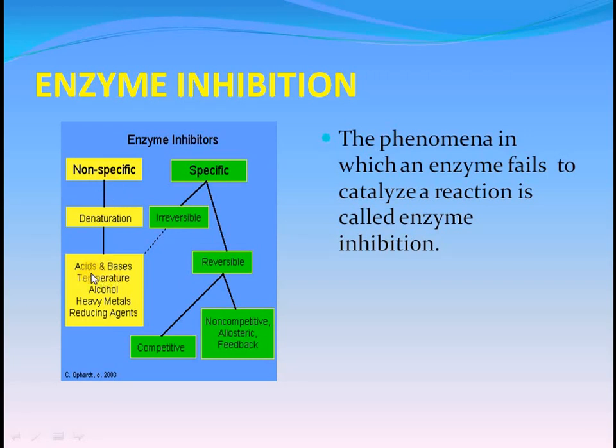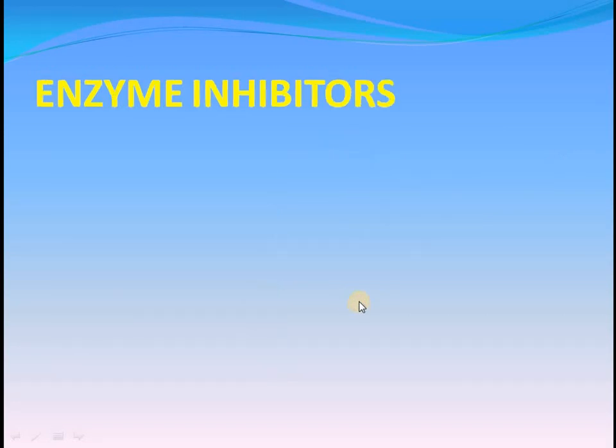It may include acid or base, meaning when the pH is changed, when the temperature is changed, when the concentration of alcohol or heavy metal or reducing agent is changed. When all these factors are affecting, they may act as non-specific enzyme inhibitors. Now we will talk about specific enzyme inhibitors one by one.